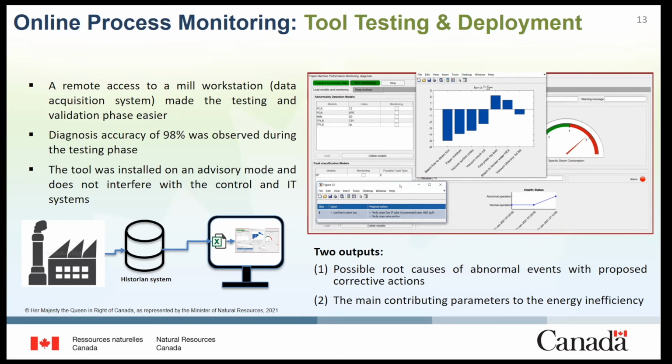So this makes possible the testing by ourselves. So during the testing phase, we noticed an accuracy of about 98%. And of course, the tool was installed in advisory mode, meaning that there is no interference between the tool and the control system.